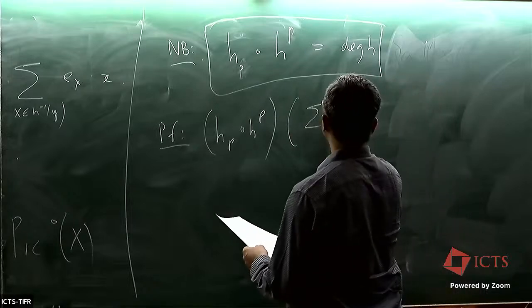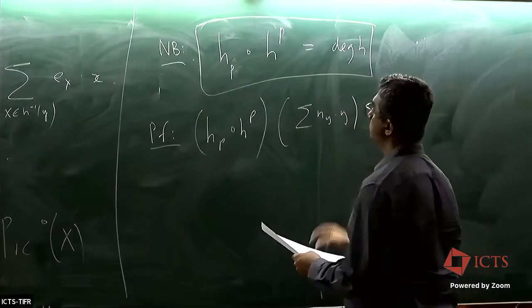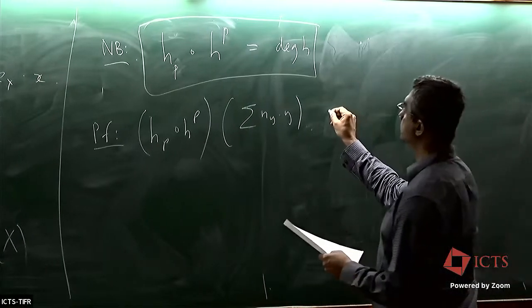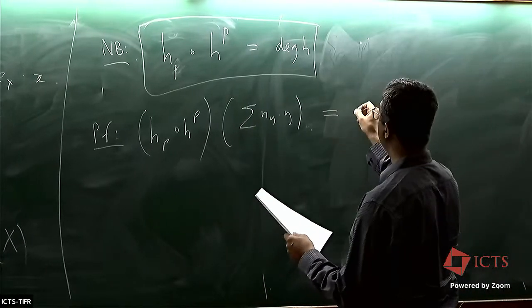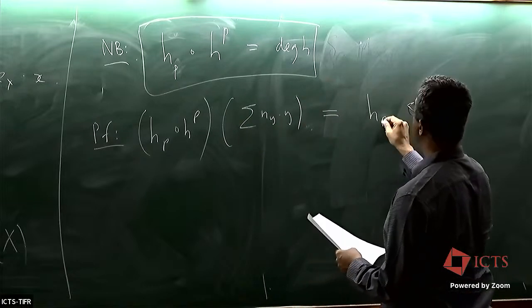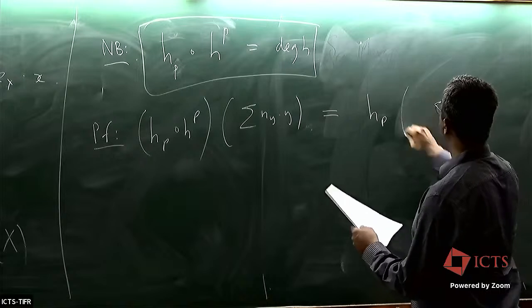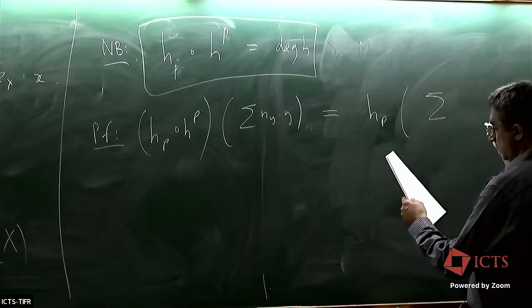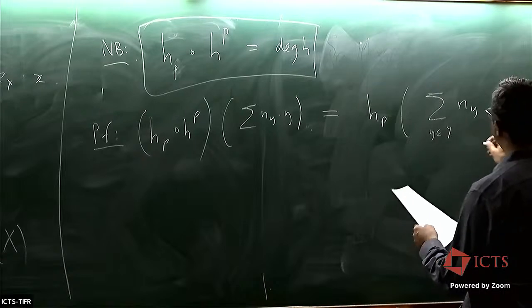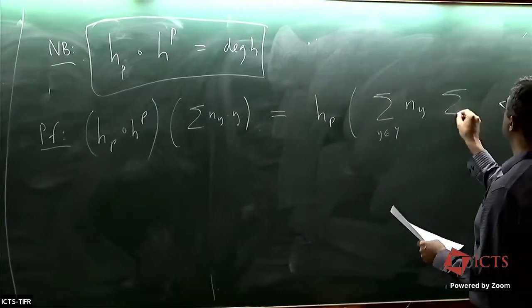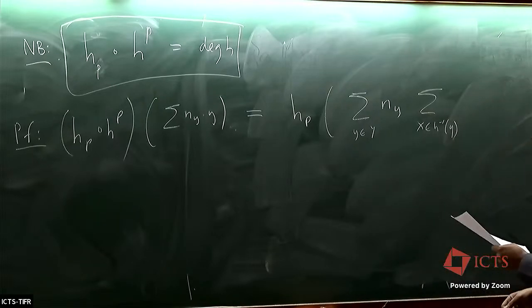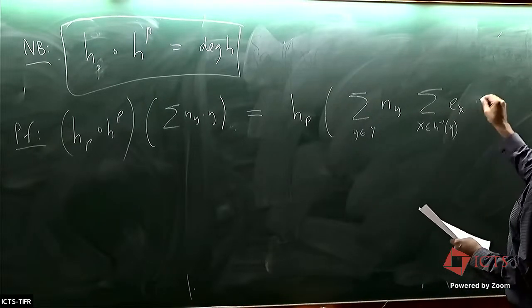Suppose you have summation n_y y, and you first pull back and then push forward. So what happens? Well, we already have the definitions on the board. The first one is right here. So you apply it, you get summation over y belonging to Y of n_y, summation over x belonging to h inverse of y of e_x times x.